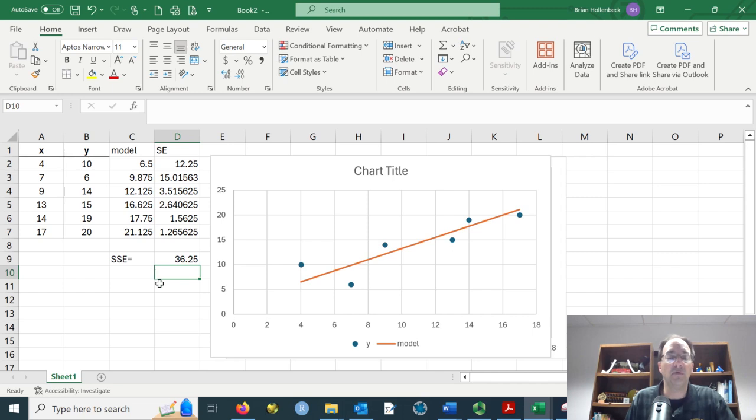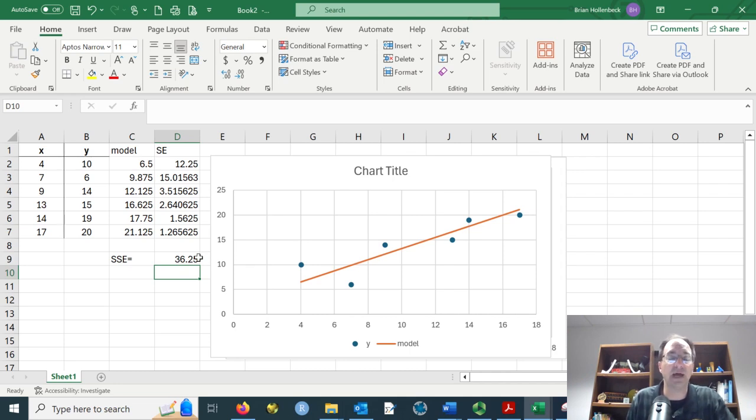So one downside of SSE is that there's no context for it. For some problems, 36 may be a great value, and other problems, 36 could be terrible. So by itself, that doesn't tell us much. The other thing to be aware of is that the units of this is actually the square of whatever the units of our y values are. So we can't even really make sense of units. One way to get around that is to square root it.